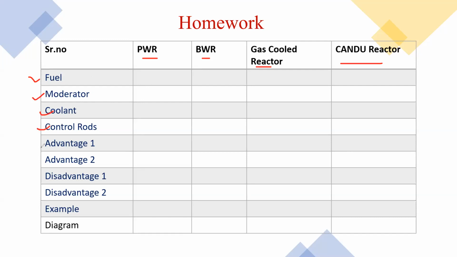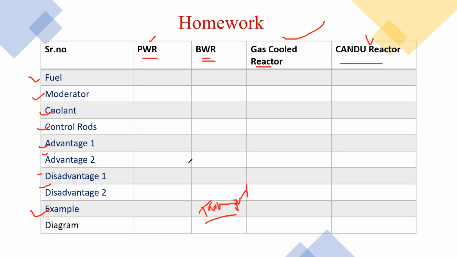Here I mention two important advantages in the comparison, then two disadvantages, and then an example. Let's consider one example of boiling water reactor, that is Tarapur. So this is your homework: write down the examples of PWR, gas cooled reactor, and this Canadian reactor.